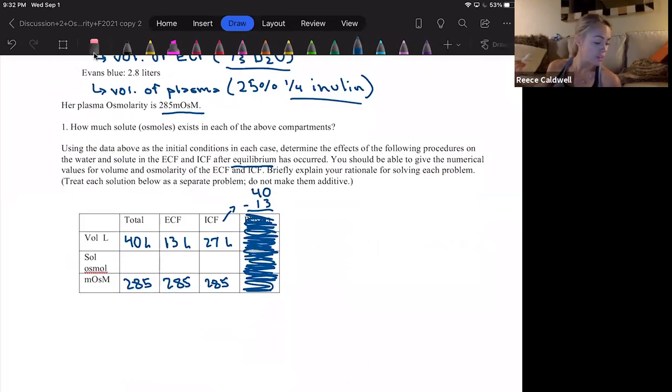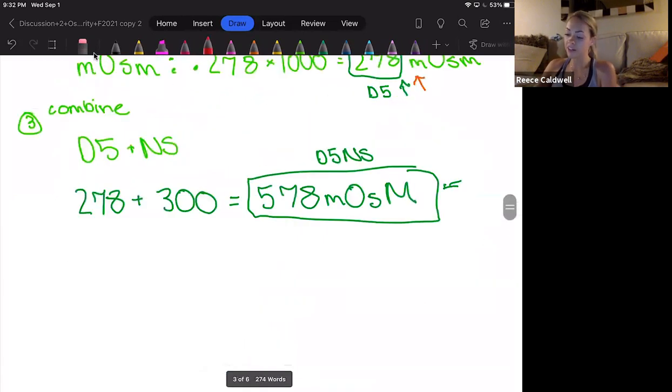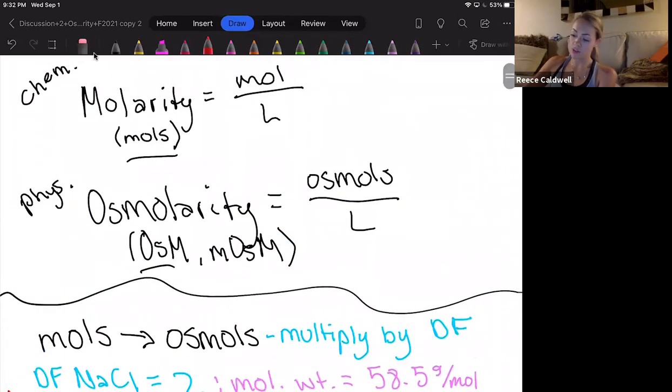Which means we can manipulate that initial equation to solve for our solute. Whenever we are looking at osmolarity, it is equal to osmoles over liters. Another way we can think of this is concentration, because osmolarity is telling us concentration.